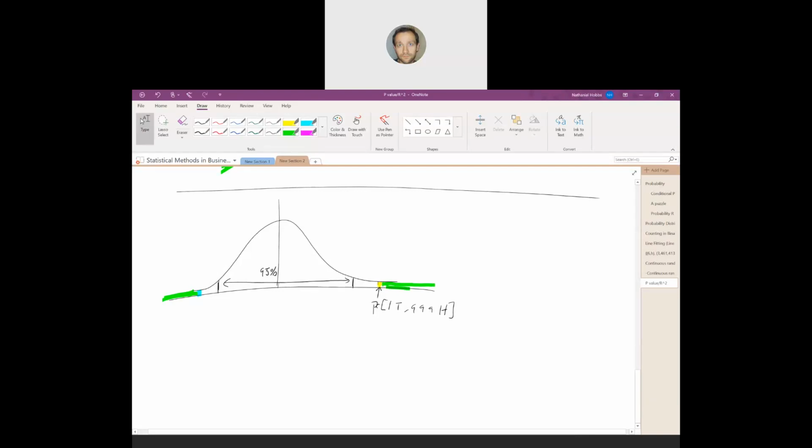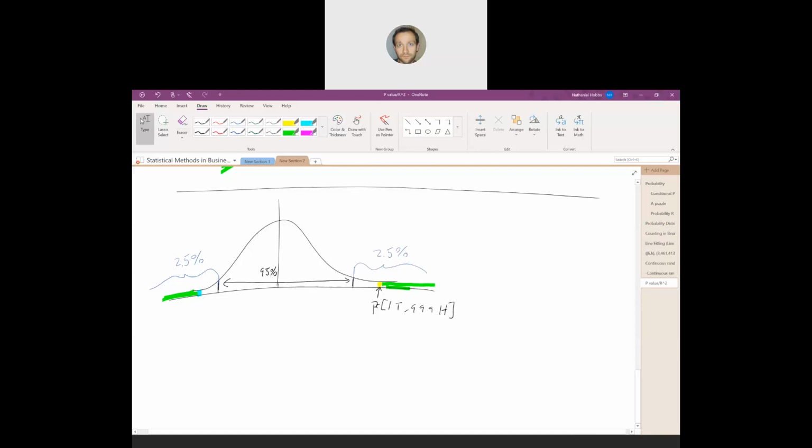And we can see that this is less than 5%. This here, starting from this point, is 2.5%. And this here is also 2.5%. Right? 95%, where's the other 5%? Half of it's on the right, half of it's on the left.